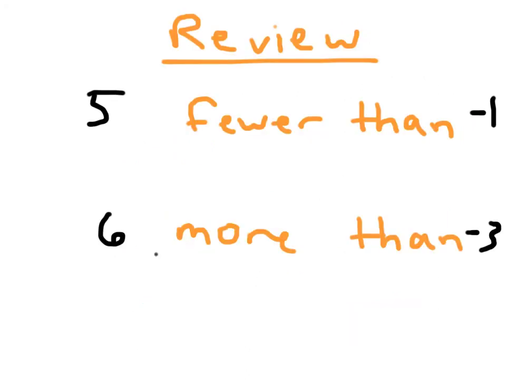Alright, let's go ahead and review. We have this, what we were just going over, where it says fewer than. So 5 fewer than negative 1 could be rewritten as a mathematical sentence where we start with negative 1. And we're saying fewer than, so we're going to subtract. Subtract what? 5.